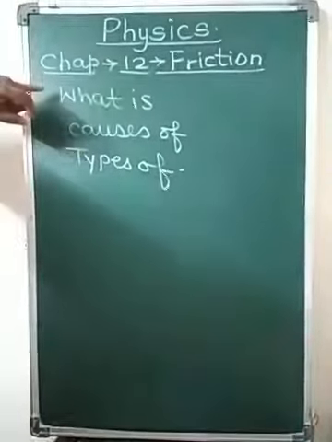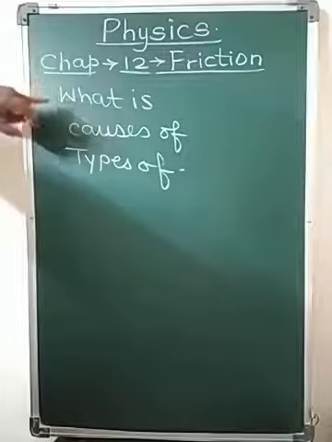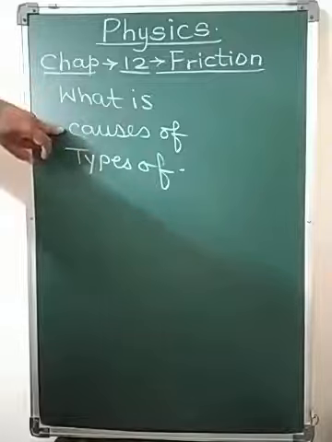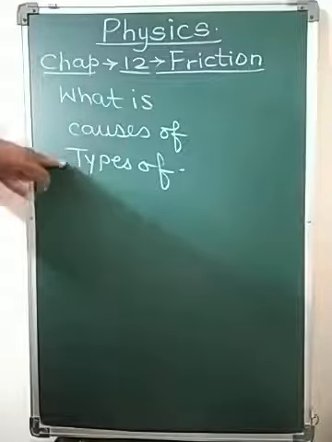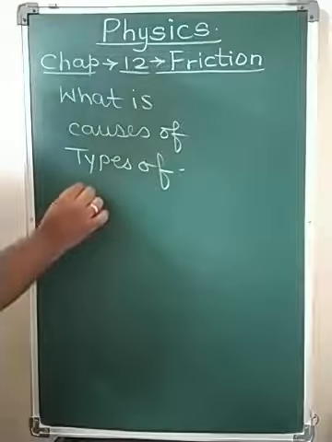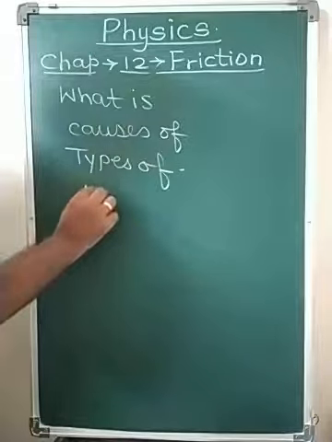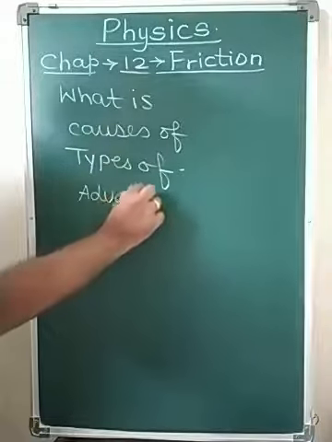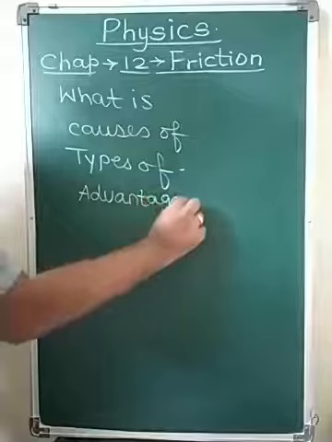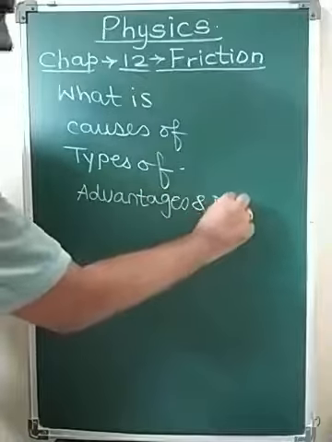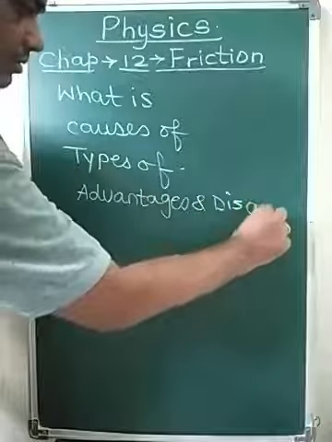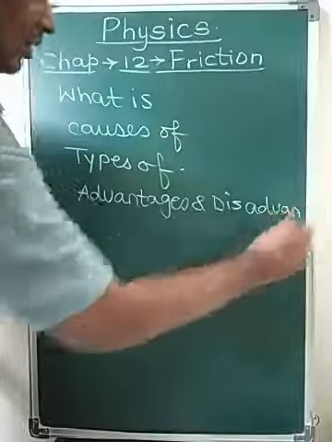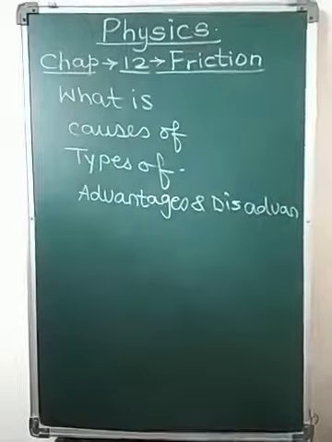Okay, so in this chapter what we are going to learn step by step: what is friction, causes of friction, types of friction. Then we'll learn about advantages and disadvantages of friction.